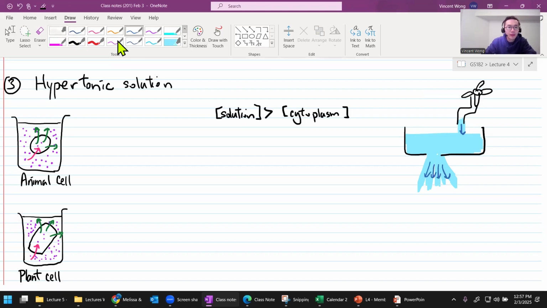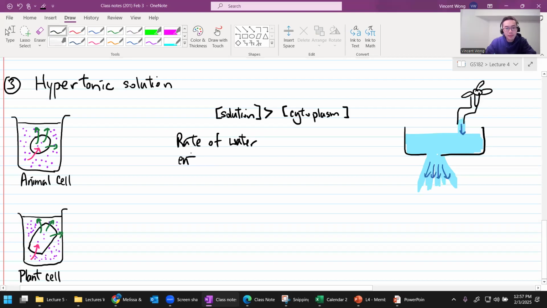So the rate of water entering the cell is less than the rate of water leaving. Okay. So over time, the water level will drop. Right?